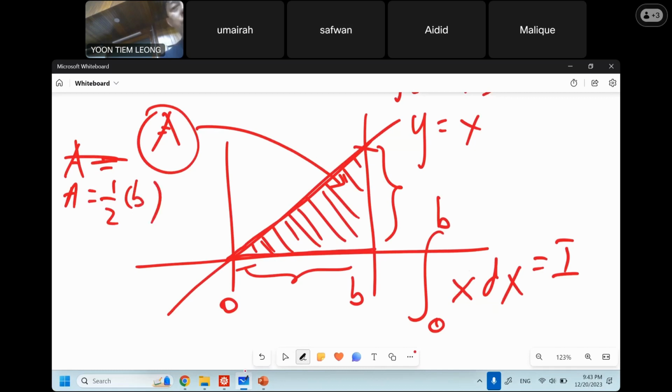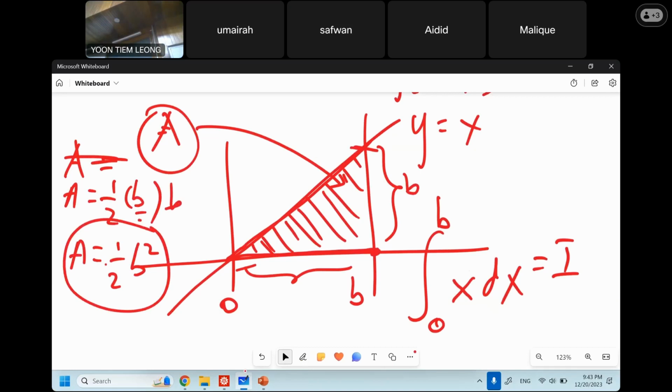If the function y equals x, then at the point x equals b, the height is equal to b, and the width is also equal to b. So we end up with half of b squared. This result is calculated not by using any Riemann sum, not by using any algebraic method, but simply by using geometry that represents the area of this triangle.